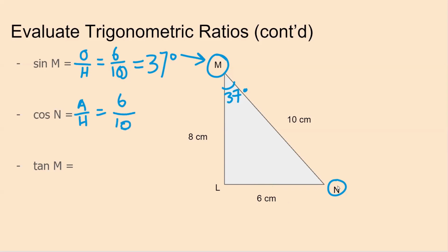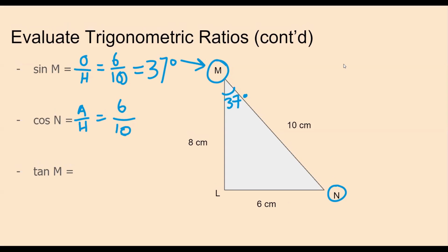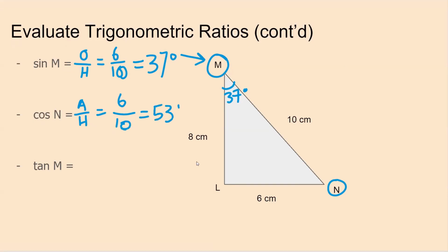Now notice how these numbers are exactly the same as the numbers that we had before, but we're going to get a different answer, and that is because we're using a completely different trig ratio. So let's pull up our handy dandy calculator again, put in second cosine of 6 divided by 10. And we get 53 degrees. Let's just label it, this angle is 53 degrees.